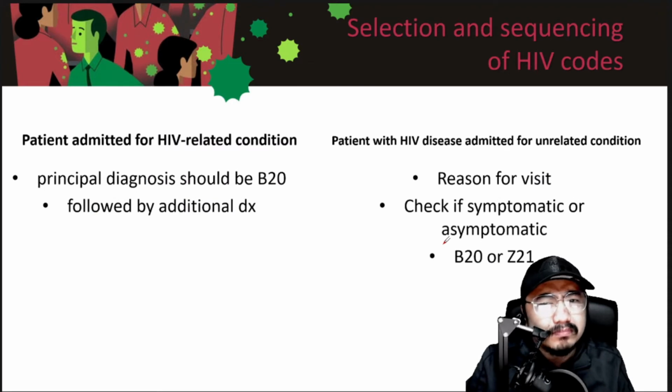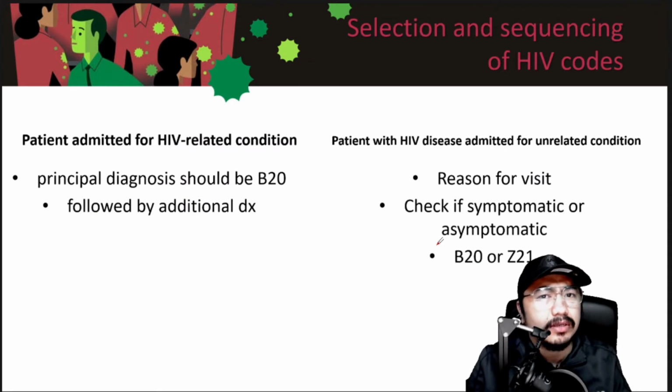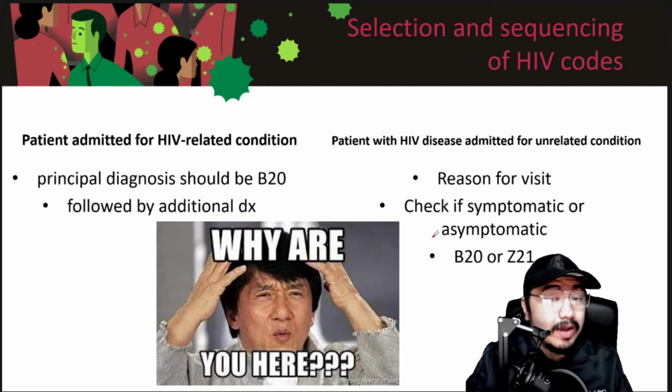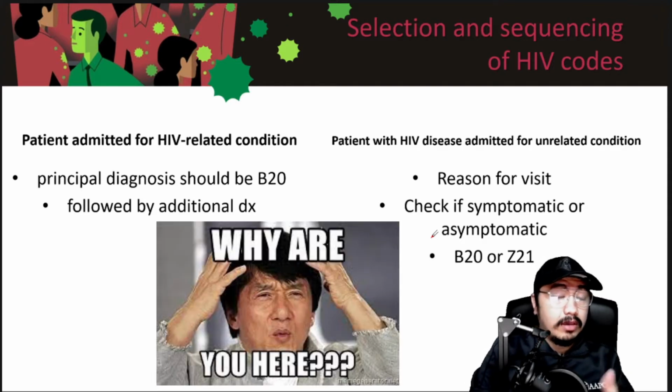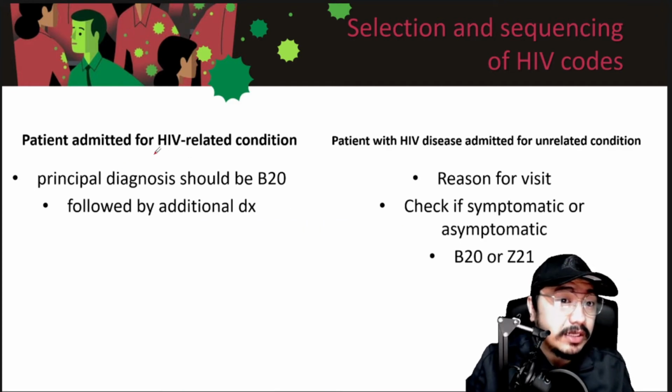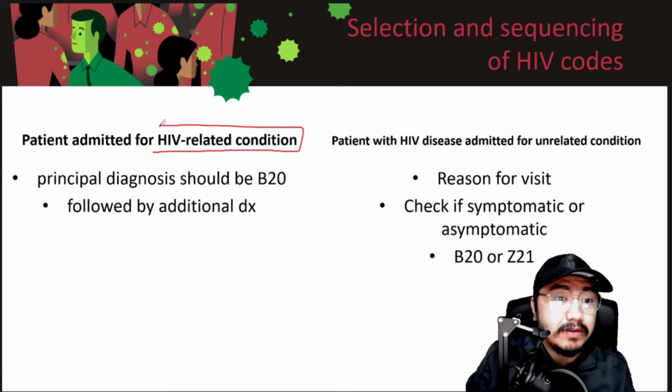All right. Second is selection or sequencing of HIV codes. Again, it depends on the reason for the encounter. What's the chief complaint? Why is the patient here? First, the patient is admitted for an HIV-related condition. Any HIV-related condition is going to be counted as what they call opportunistic infections, or OIs.